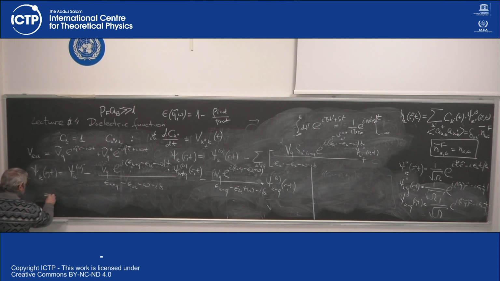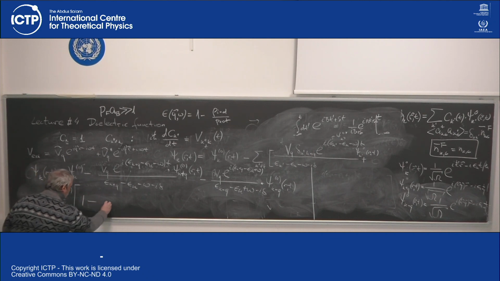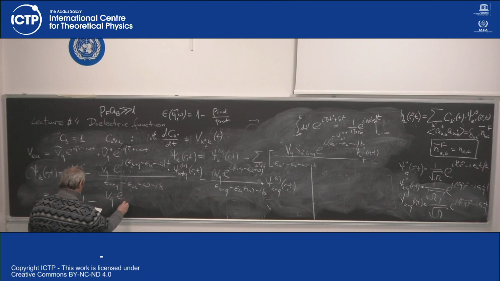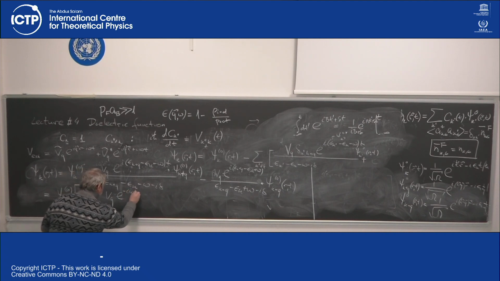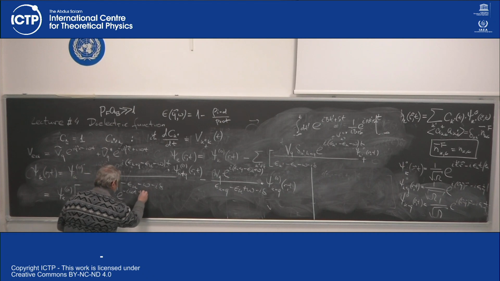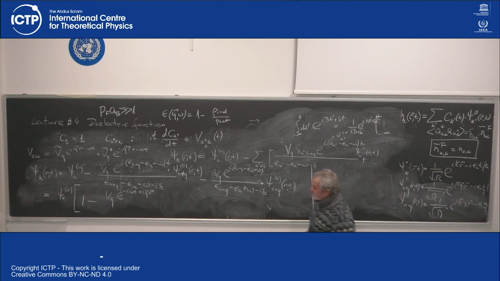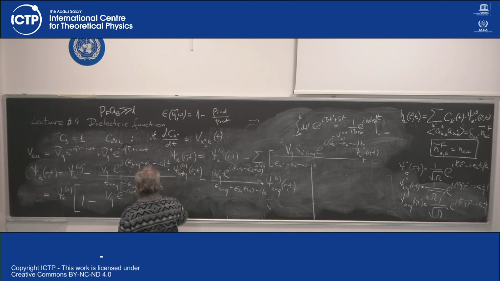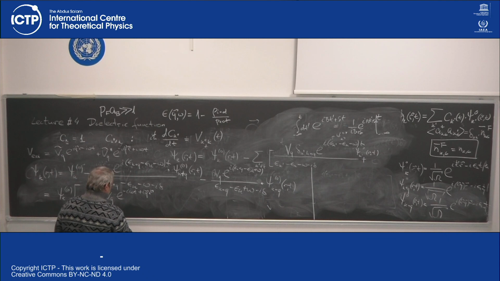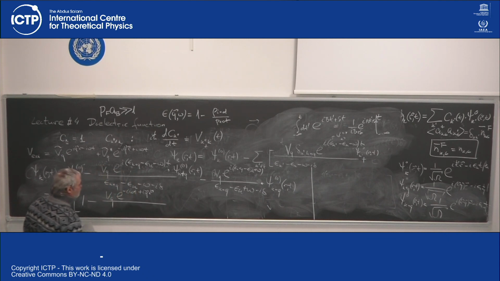So this is then equal to psi k node. I put it out of the bracket, and here I have 1 minus VQ e to the power I minus I omega t plus IQR. Epsilon k plus q cancels out. Epsilon k is taken out of the bracket, divided by, actually I don't need this delta anymore, I can put it equal to 0.